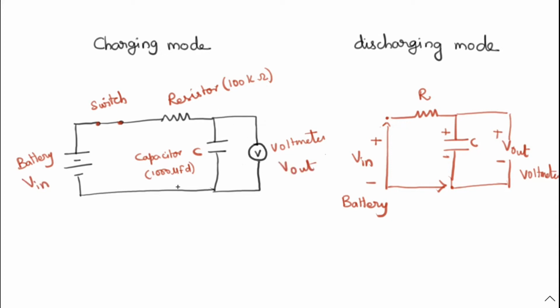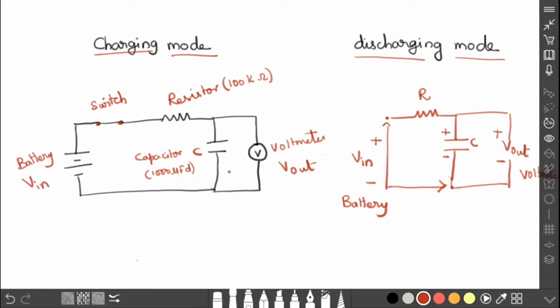For charging mode, the switch should be closed, connected, and then we have to take down the values. And for discharging mode, how should it be performed? Discharging means the same diagram only, but the input should be disconnected.